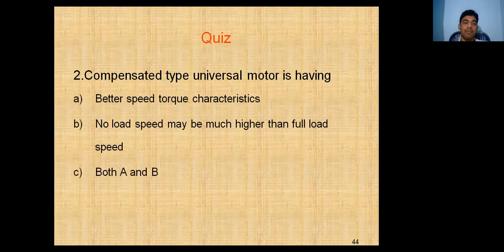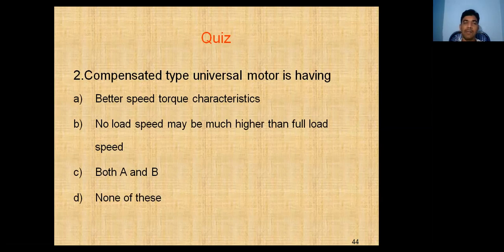Option C, both A and B. Option D, none of these.